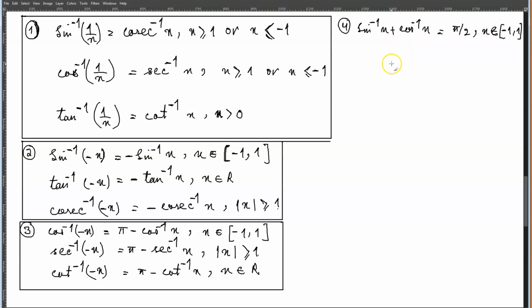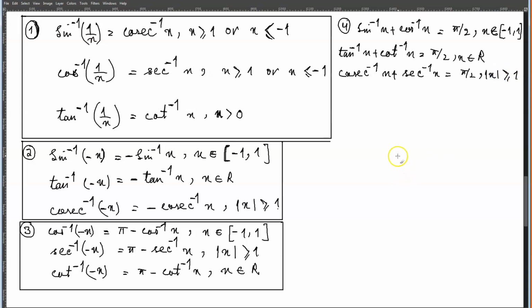And we said that the tan inverse of x plus the cot inverse of x is equal to pi by 2 for x belonging to R. And we said that the cosecant inverse of x plus the secant inverse of x is equal to pi by 2 for the absolute value of x greater than or equal to 1. That was number 4.